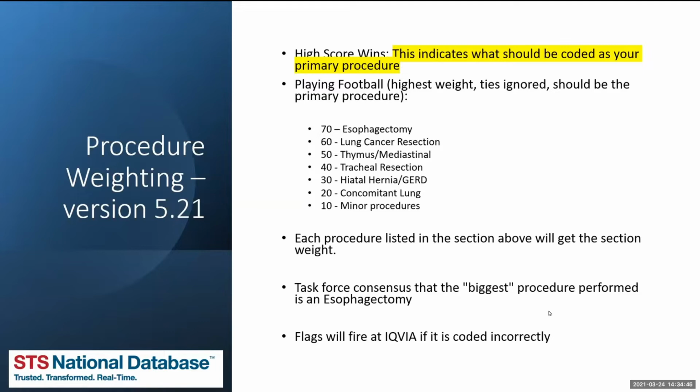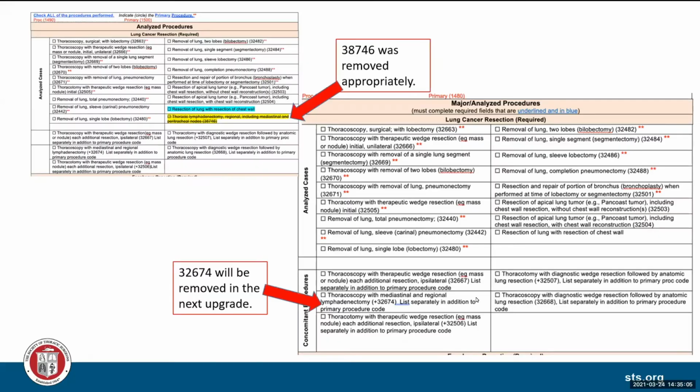So the esophagus cases are ranked the highest, and this will provide some clarity in the training manual, but this is to help code the correct primary procedure. And we'll also have this fire some flags in the IQVIA platform for when you upload the data into the warehouse.